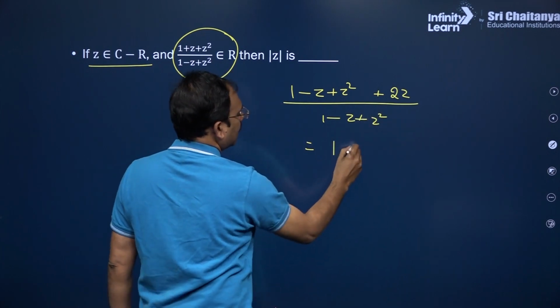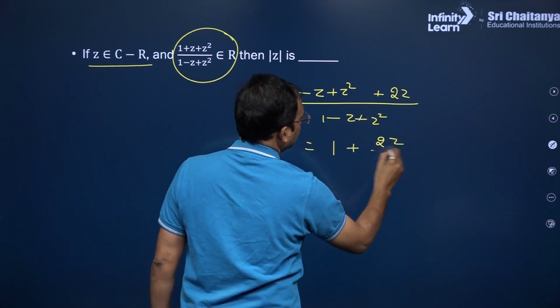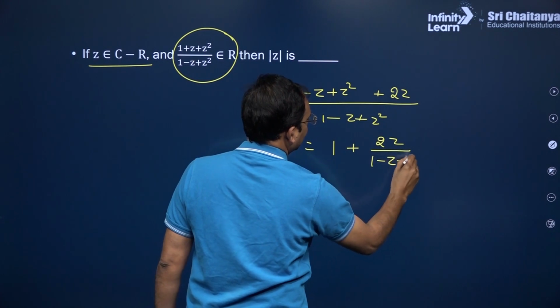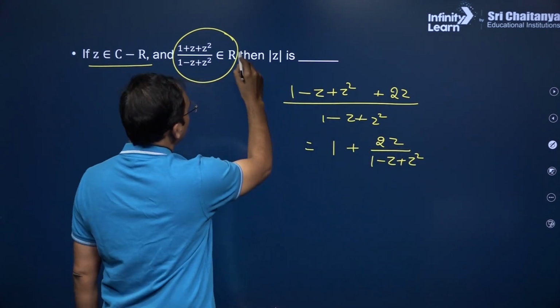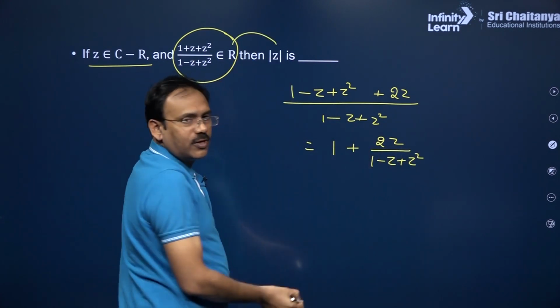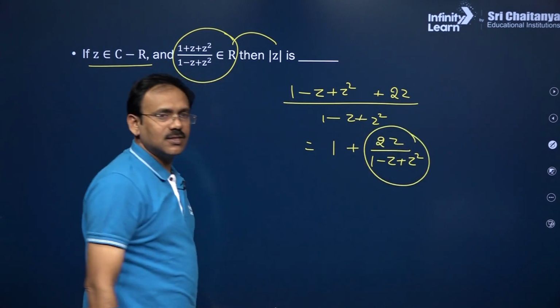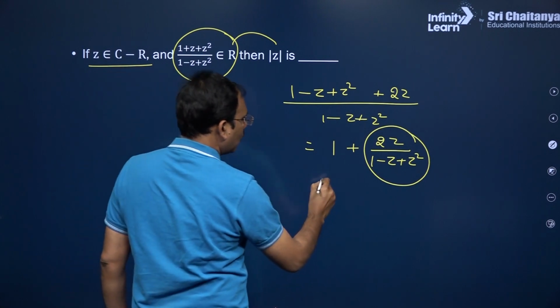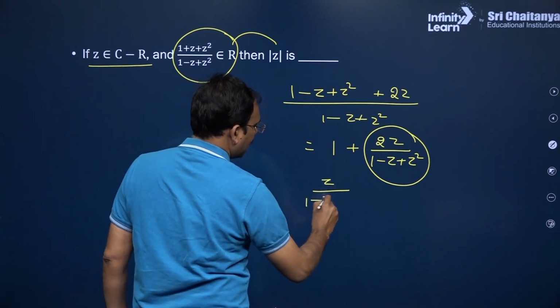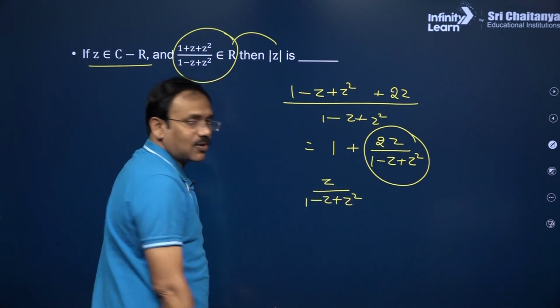If you just separate, 1 plus 2z by 1 minus z plus z square. If this is purely real, this is also purely real. 1 is already real, so this must be real, my dear friends.